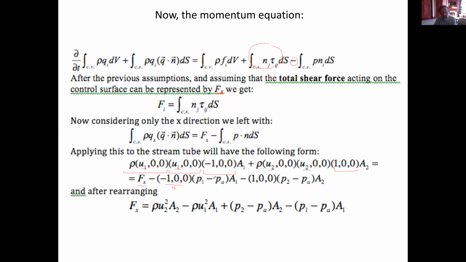PA is a constant, usually the outside pressure. So instead of the absolute pressure, we take what we call the gauge pressure, that's all. We do it the same way at the exit, where the unit normal is in the positive direction. We still maintain the minus sign: P2 minus PA times the area A2. If I put all the algebra of these two together, I end up with this.